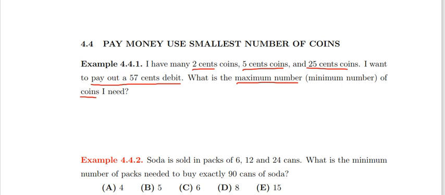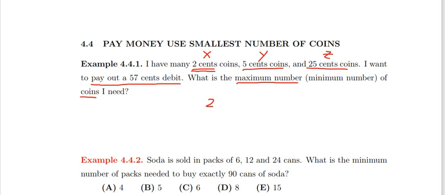We just use the smallest coin as much as possible, right? So this is 2 cents, I just use 2 cents. Suppose I use x 2-cent coins, y 5-cent coins, z 25-cent coins.